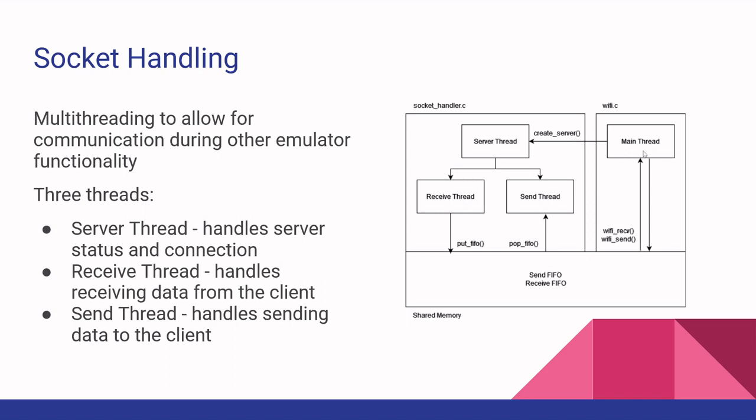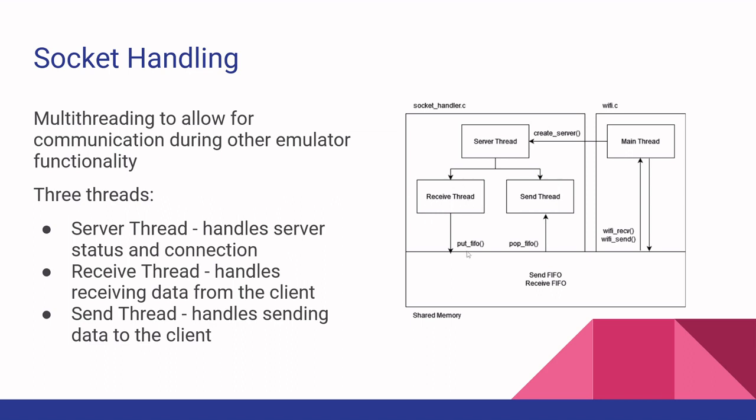But the idea is the main thread will first create their server, giving it a port and then a callback for when a connection is made, so that the main thread can do something if you want. And then when the server thread is created, it will start listening on the port, and then once it gets a connection, it will create two new threads, one for sending data and one for receiving data.